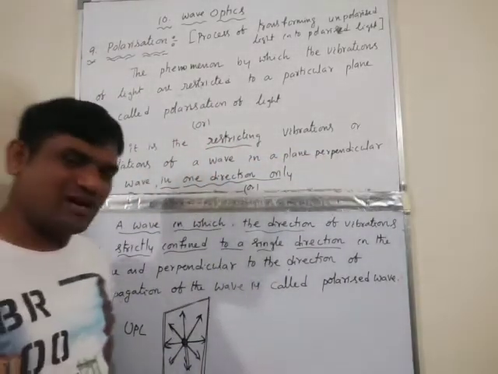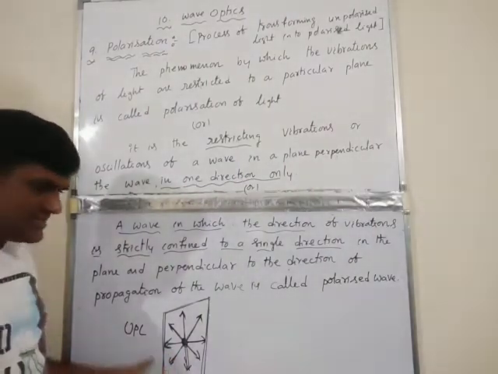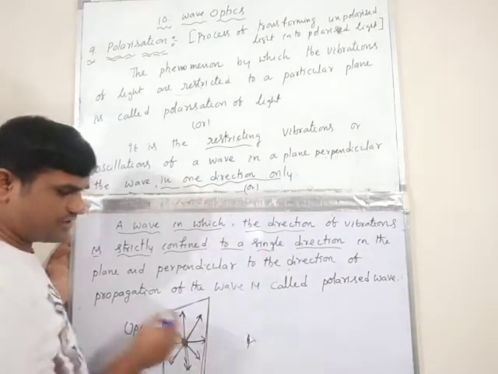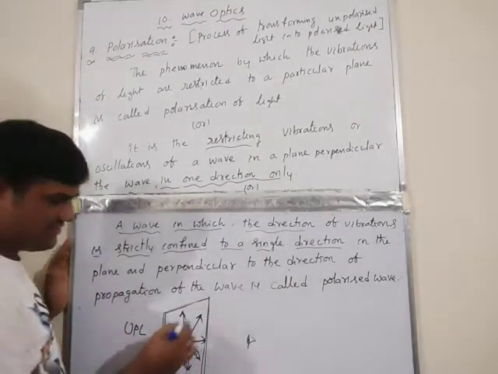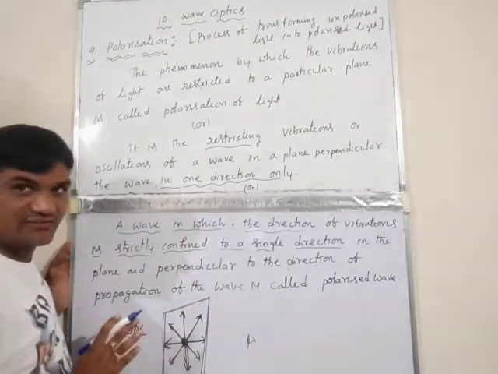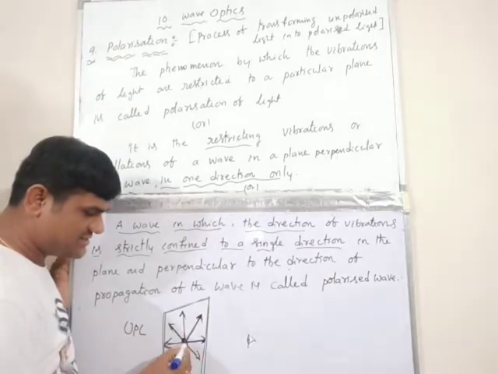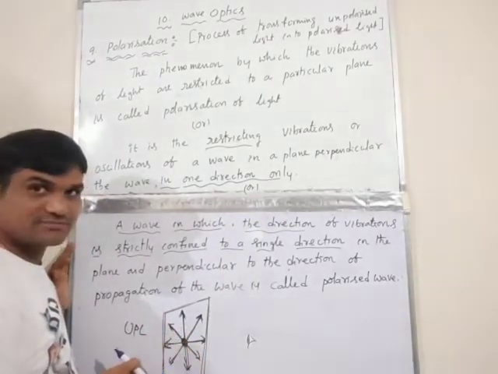So what is the meaning of unpolarized light? This is unpolarized light in the front view. This is the vector form only, right? In the vector form, this is the x component, this is the y component.